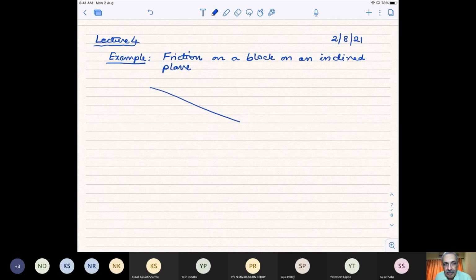So this is a plane, and we have a block of some material that is on this plane, and this has a mass m. And let's suppose this thing makes an angle theta with the horizontal.